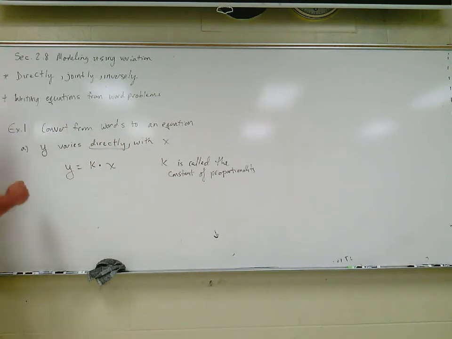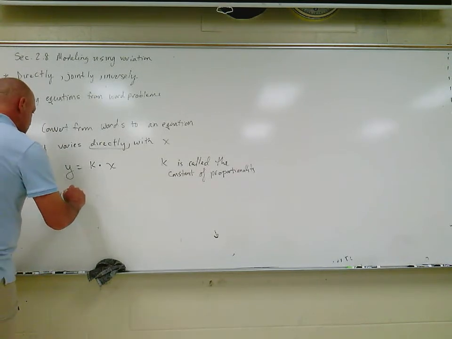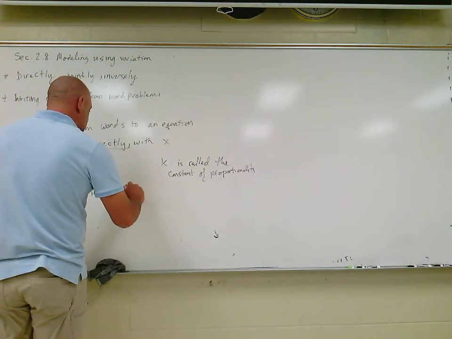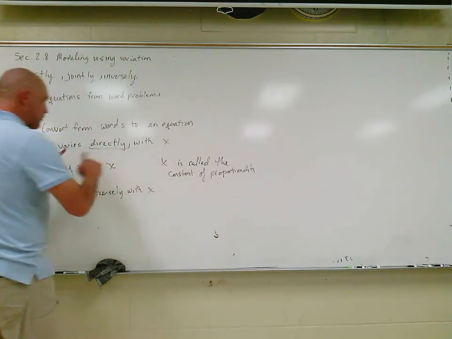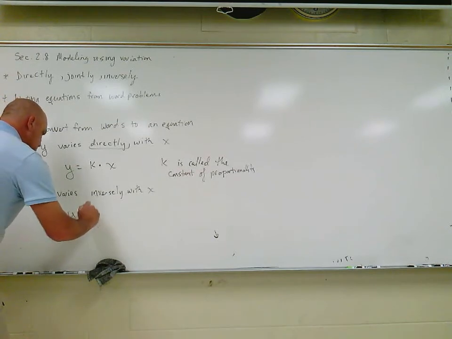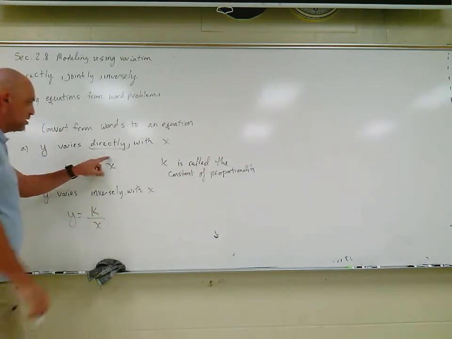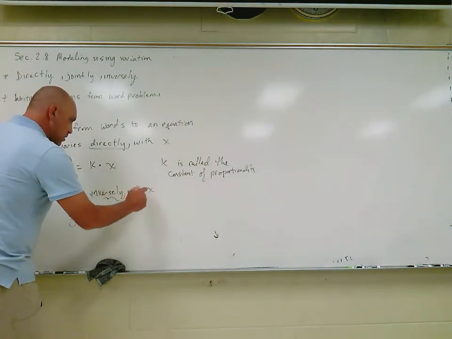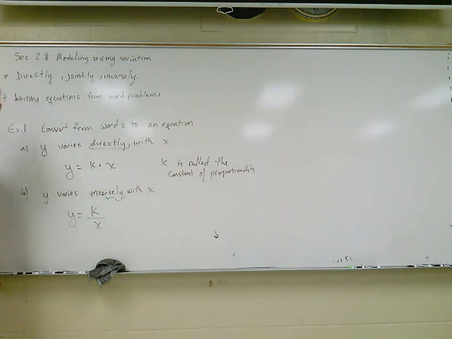Had I written the statement like this, y varies inversely with x, you're still going to have some proportionality multiplier, but it would be y equals k over x. When you see the word inversely, you take your second variable and put it in the denominator.